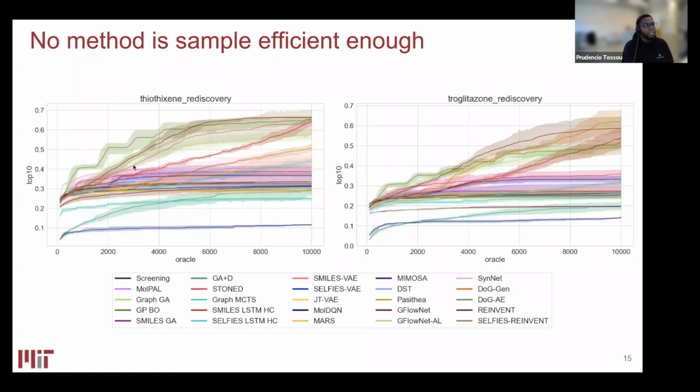So basically it's the area under this curve, the top 100 or the top K that the algorithm has found, right?